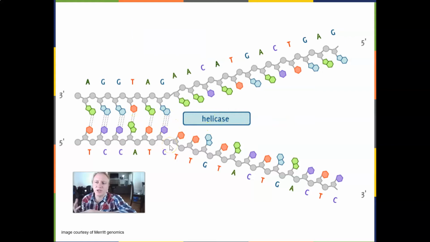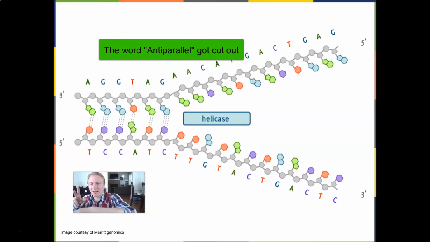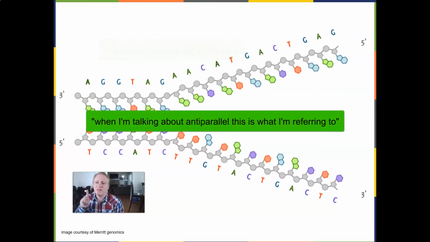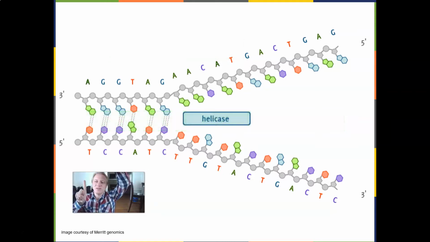The reason that the directionality was important, and what I want you to notice here, is that there's a 5' end on the left of this strand and a 3' end on the right of this strand. Notice that up here it's flipped. So you have one segment of DNA going this way, and one segment going this way. They're going to line up with one another, and those complementary base pairs are going to get together.